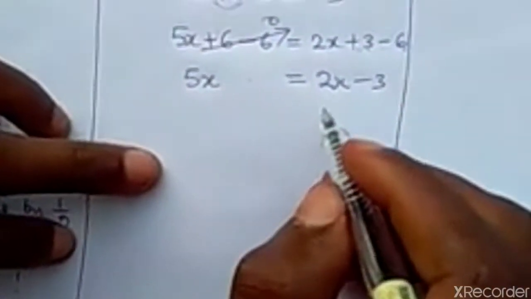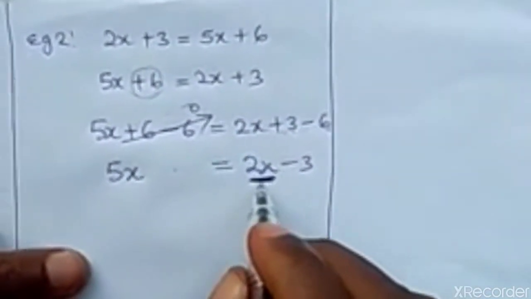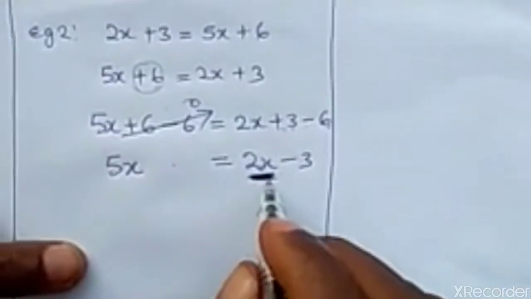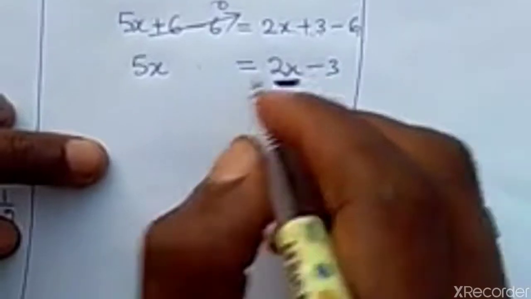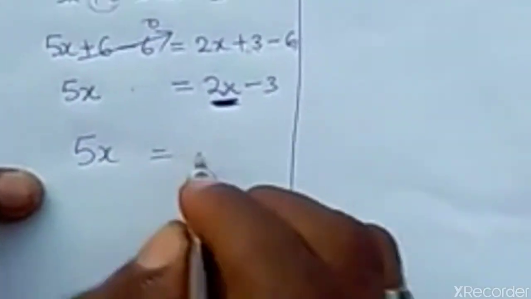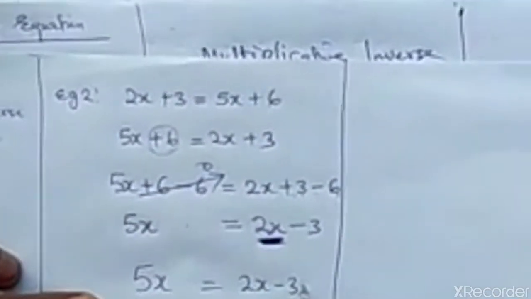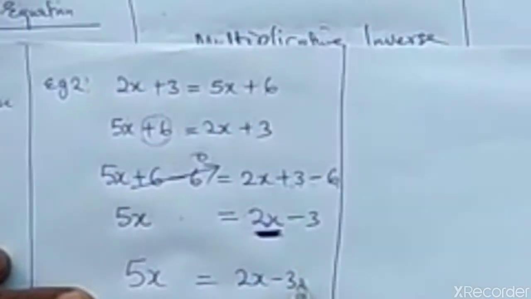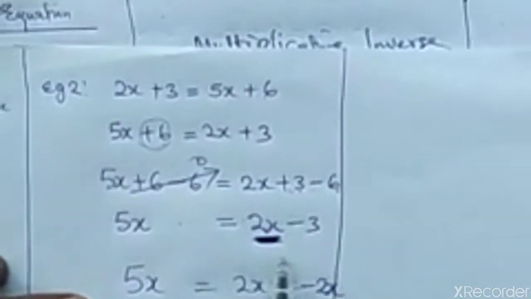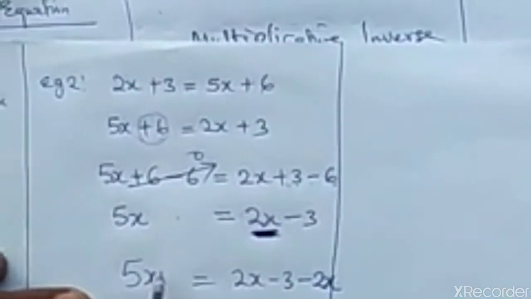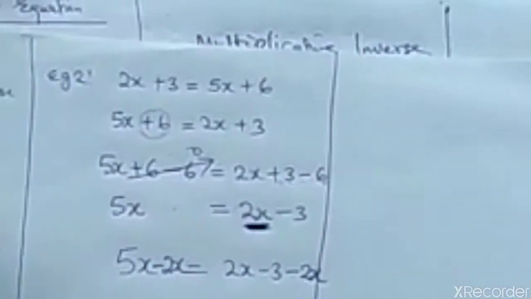Now, the next step is how do we remove these 2x from the left hand side? Because we want ordinary numbers to be on the left hand side. So remember it is 2x minus 3. For me to remove 2x, I will remove 2x from the right hand side, and I will come to the left hand side to also remove 2x.